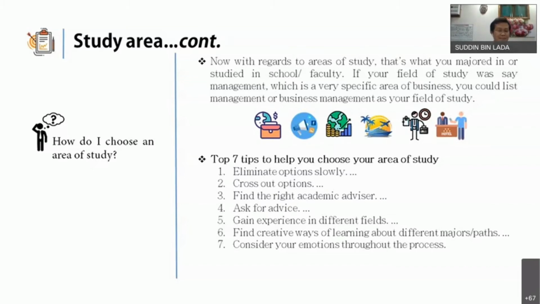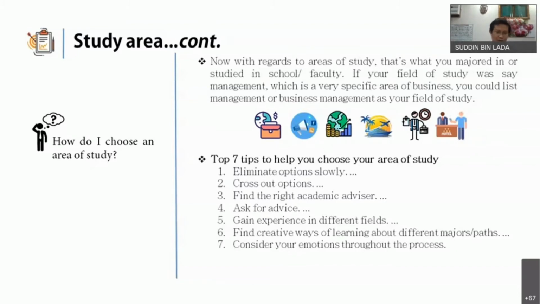Number 5, gain experience in different fields. This is very important, because in modern thesis writing, our areas and focus can be a combination of two or three different areas: maybe psychology plus marketing, accounting plus marketing, or tourism.